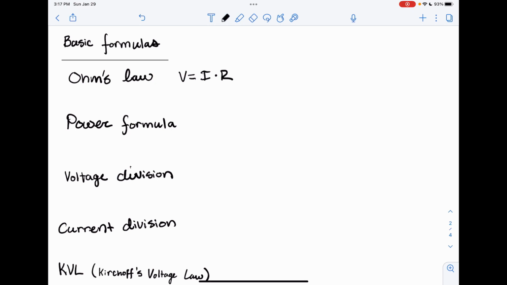That is one you will need to know. It also has two additional forms that can be rearranged algebraically: V over R is equal to I, and V over I is equal to R. Next up is the power formula. P is equal to V times I.